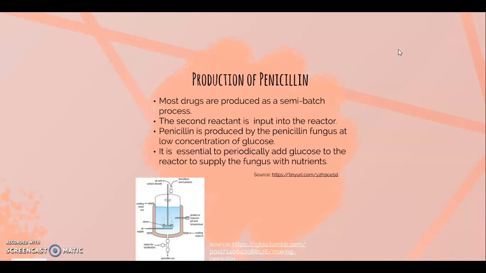Penicillin is produced by the penicillin fungus at low concentration of glucose. It is essential to periodically add glucose to the reactor to supply the fungus with nutrients. Then they separate the penicillin product from the mold. Penicillin is purified for use as antibiotic medicine.